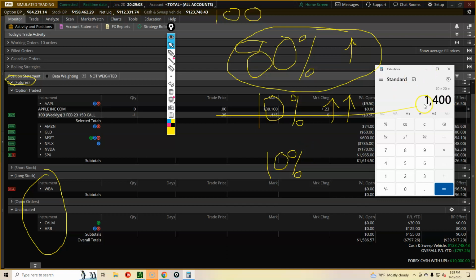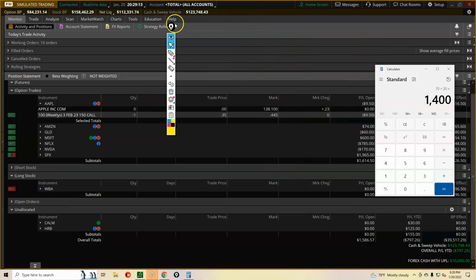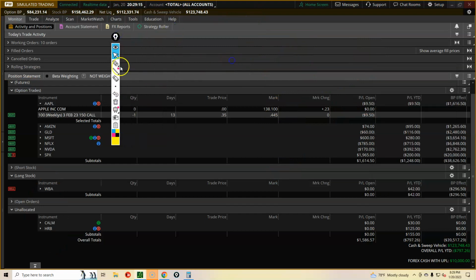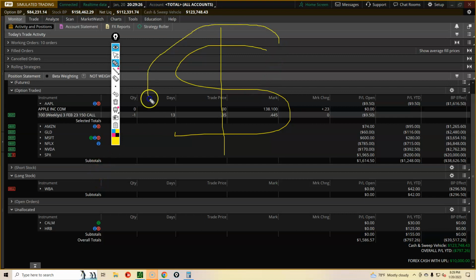What happens a lot of times in trading is people focus on the wrong thing. They focus on this. That's why if you hear about people blowing up their account or losing money with options, it's usually because this is where their focus is. You know where your focus needs to be?